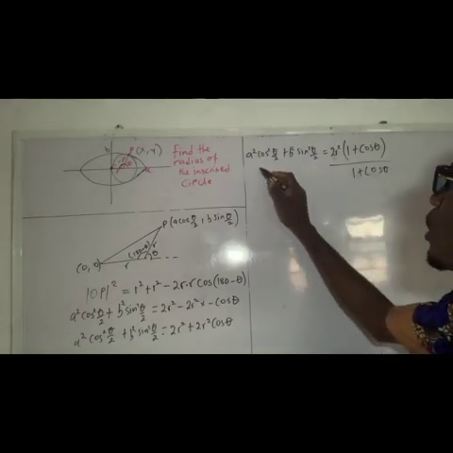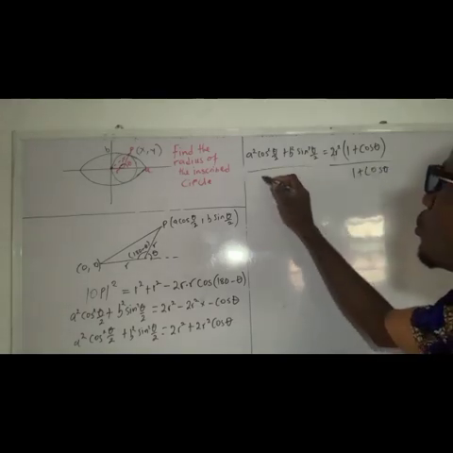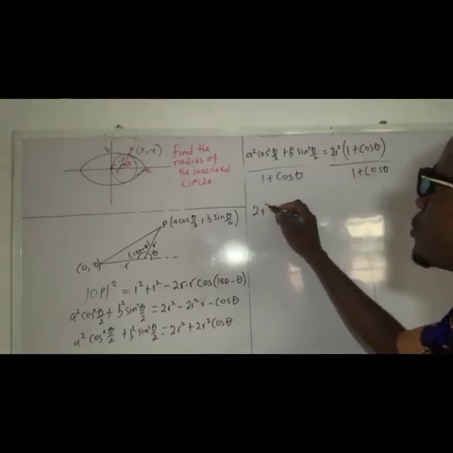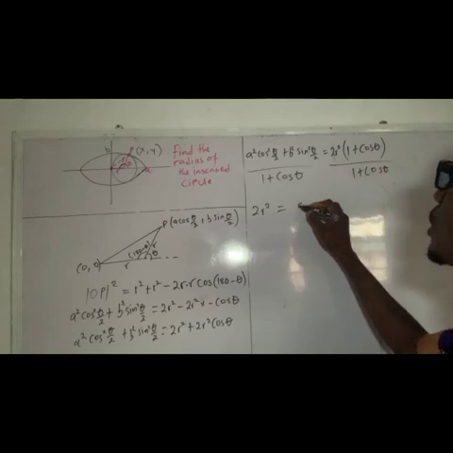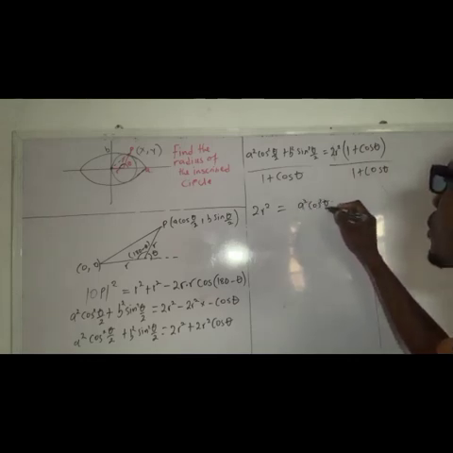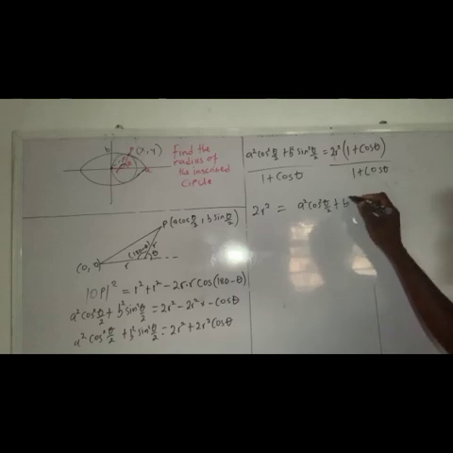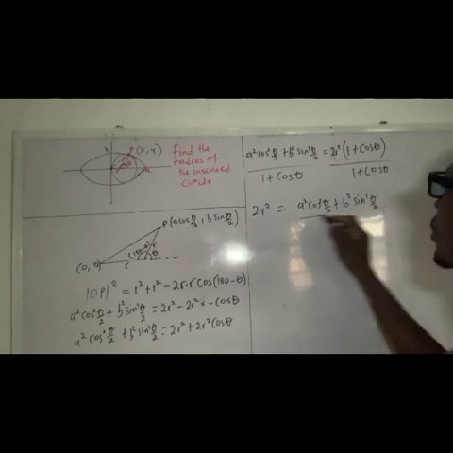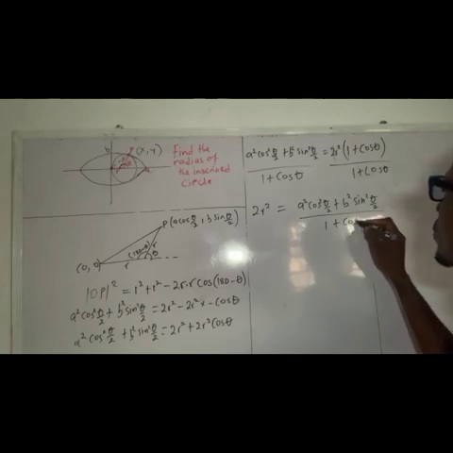So 2r squared equals a squared cos squared theta over 2 plus b squared sine squared theta over 2, all over 1 plus cos theta.